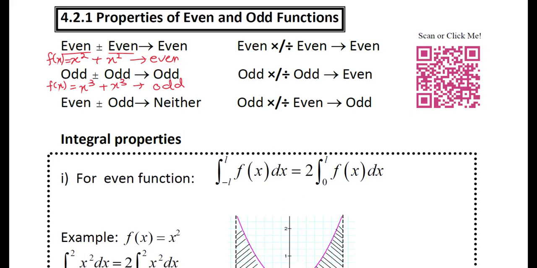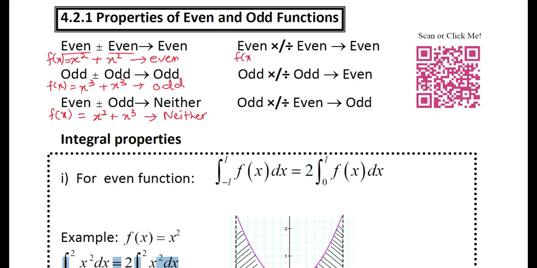Okay, then what happens if even plus or minus odd function, you will get neither function. For example, f(x) equal to x squared plus x cubed, so you will get neither function. And then if even multiply or divide by even function, you will get even function.